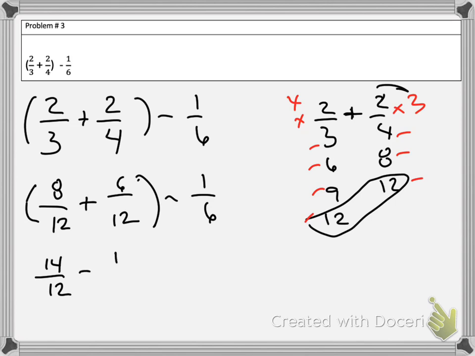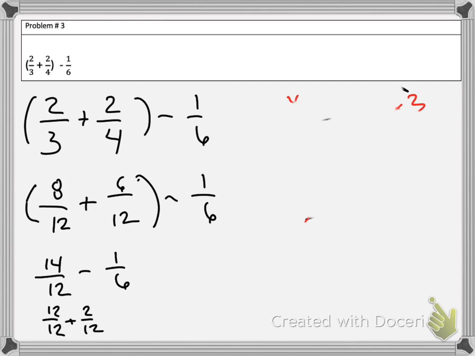Minus 1/6. Let me convert 14/12 into a mixed number. That's going to be 12/12 plus 2/12.